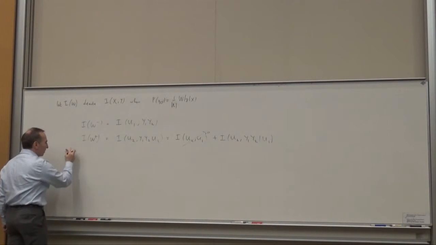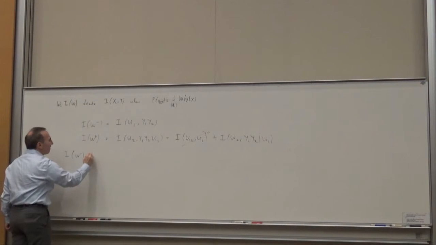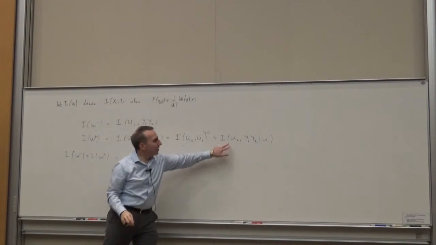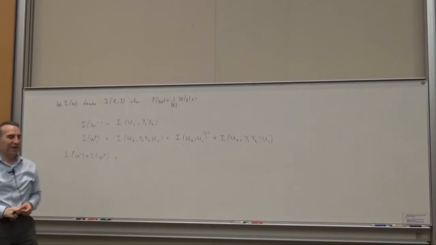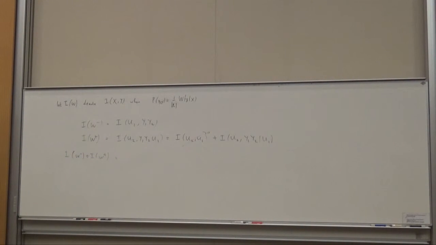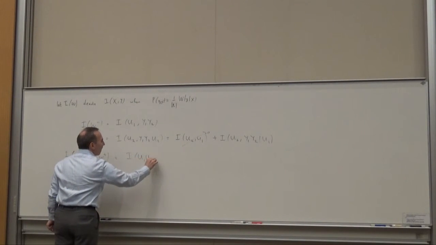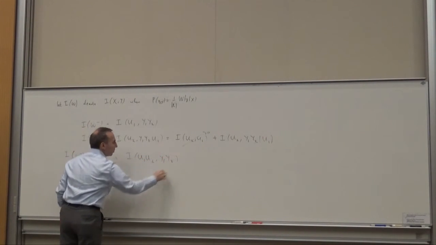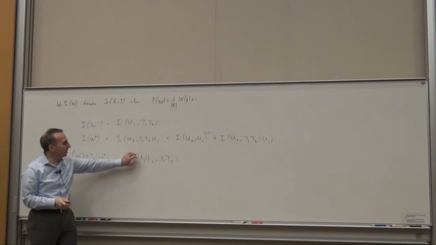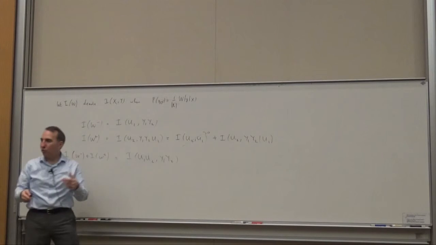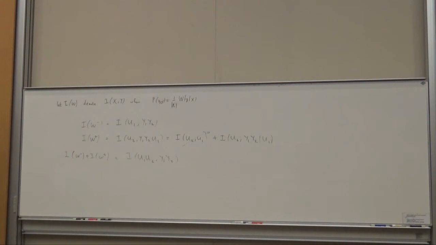If you sum this and this, what is that? That's the chain rule expansion of the following thing. It's the expansion of I(U1, U2; Y1, Y2). The chain rule will say I(U1; Y1, Y2) plus I(U2; Y1, Y2 given U1). That's exactly how the chain rule would work.